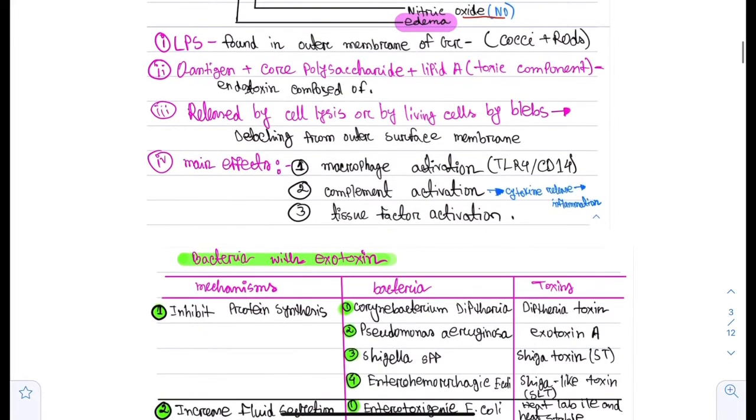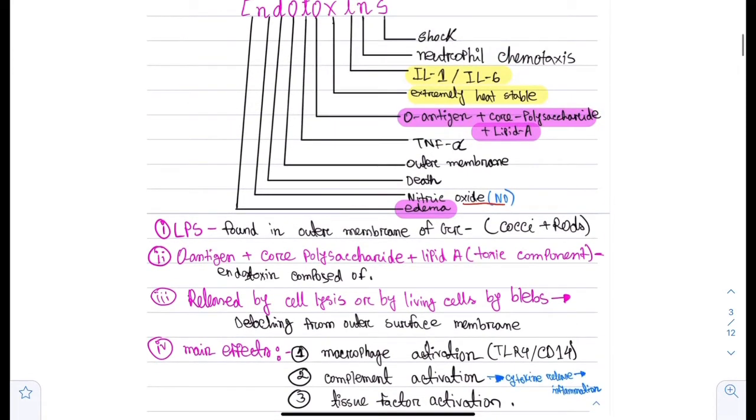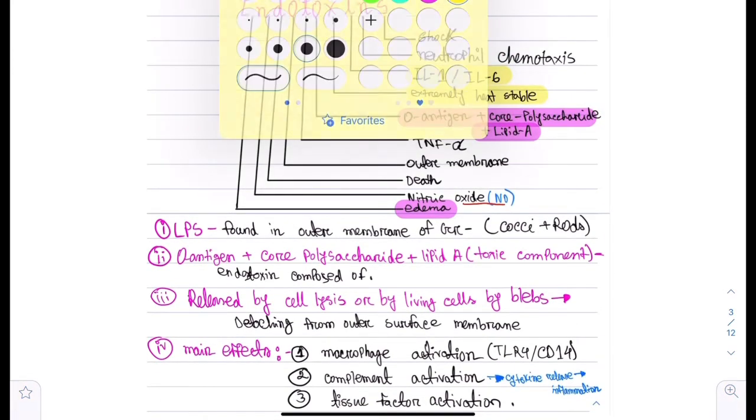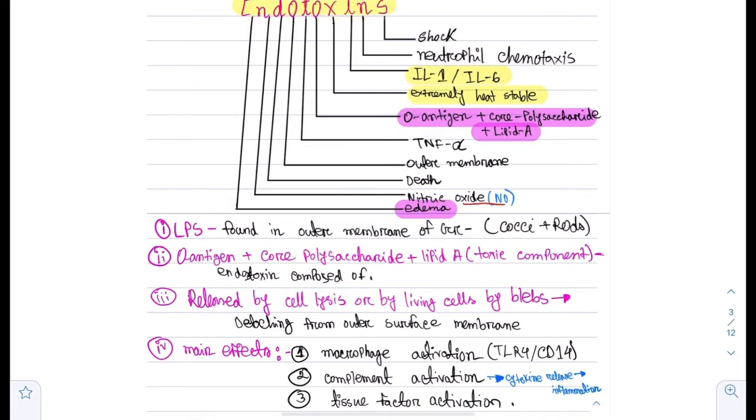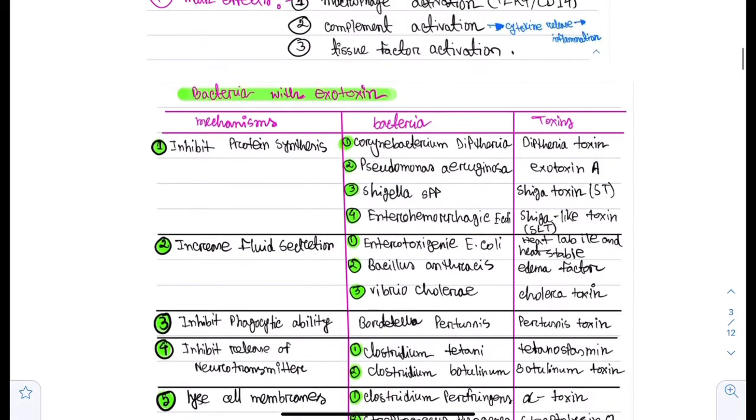And there is some more material which came into the USMLE test, so you can just pause the video and read it out, because I just said the same thing here in the endotoxin part. And then there are more USMLE contents here.